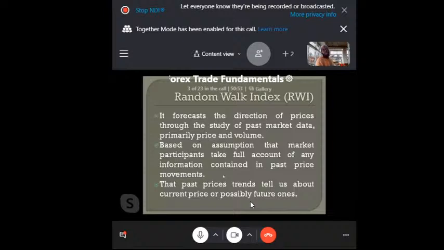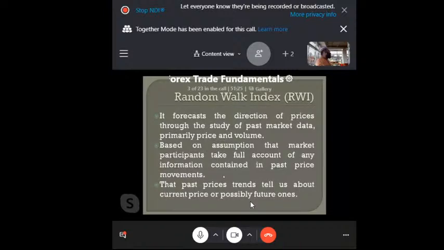Now, this tool forecasts the direction of prices through the study of past market data, primarily price and volume, based on the assumption that market participants take full account of any information contained in past price movements. That past price trends tell us about current price or possible future price.